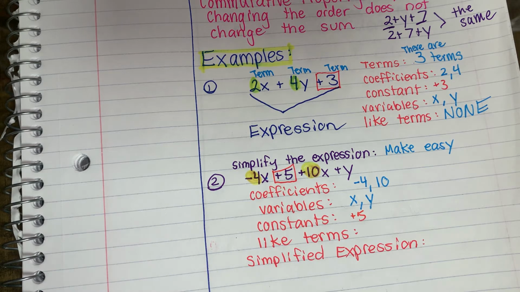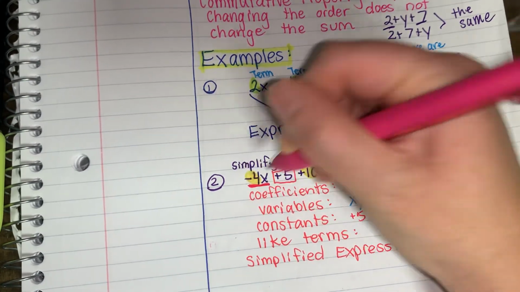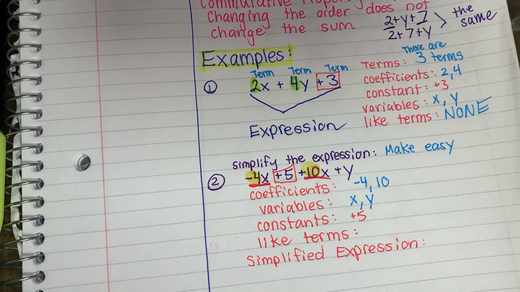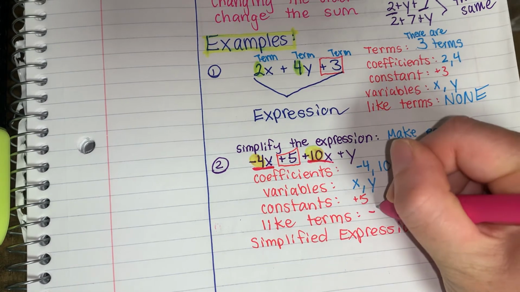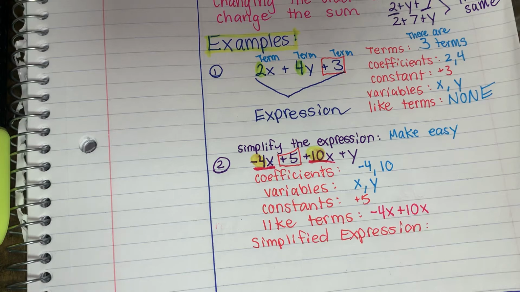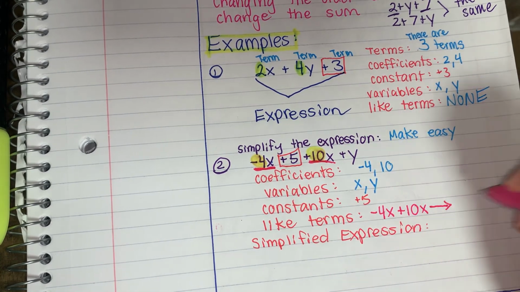And this is where it gets a little tricky because we do need to recognize what are like terms. Like terms are anything with the same variable. So we've got negative 4x and we've got a positive 10x. So what does that become? I'm going to use a little arrow here.